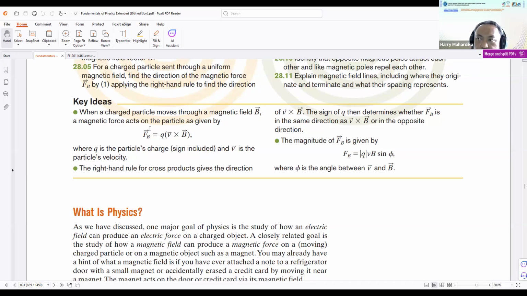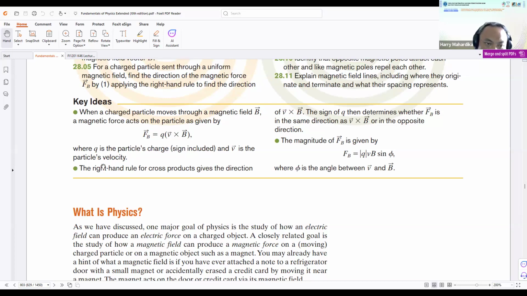So later on, we will learn also that a moving charge, such as electrical current inside of a wire, can be influenced by the magnetic field, creating magnetic forces, or when a certain wire interacts with another wire. But that will be another discussion, and we will focus more on this equation instead and how this phenomenon occurs.